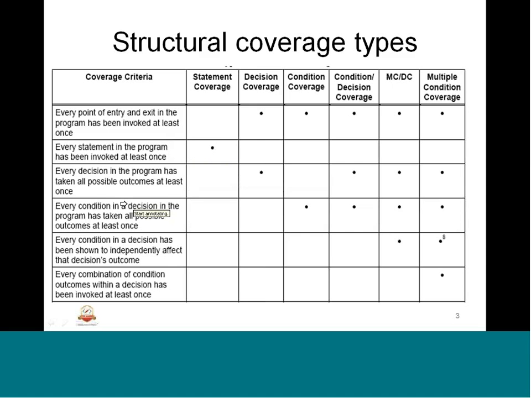The next one is every decision in the program has taken all possible outcomes at least once. That means we have a diamond box, a decision box. We can draw how it looks. So we have a decision box, which will have certain conditions.